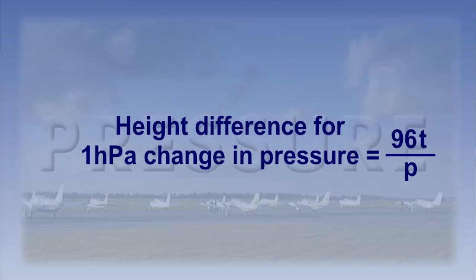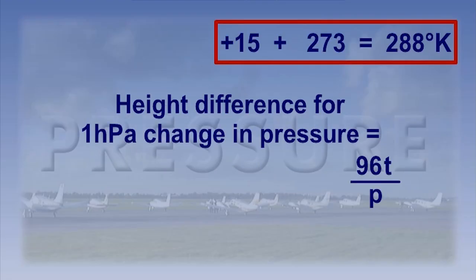Let's now see the result of inputting the ISA conditions at mean sea level. For the value of T, remember ISA states that at sea level the temperature is plus 15 degrees Celsius. To convert to Kelvin, just add 273 to this value.